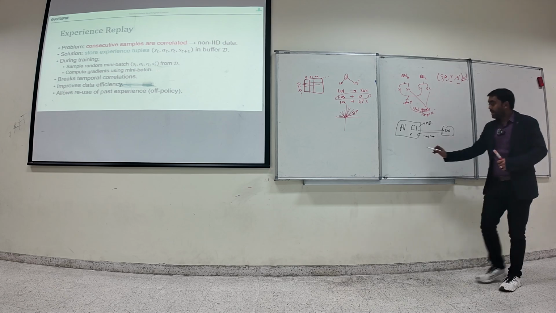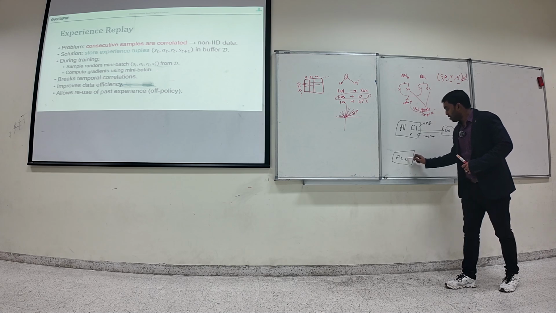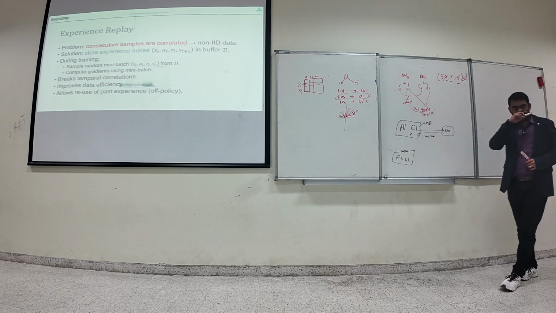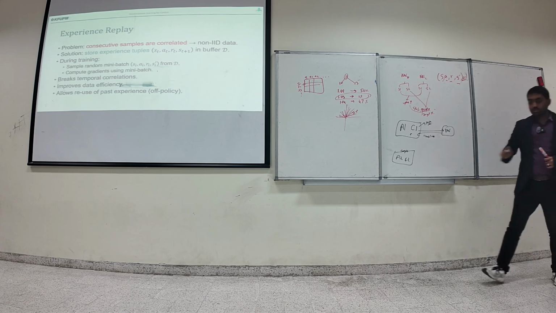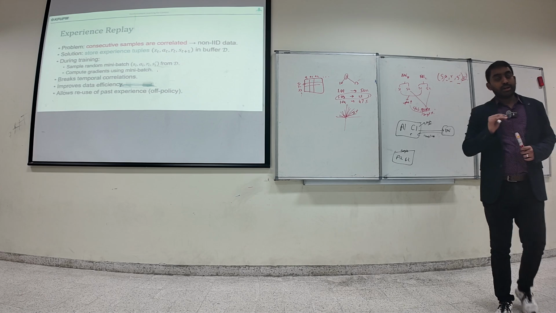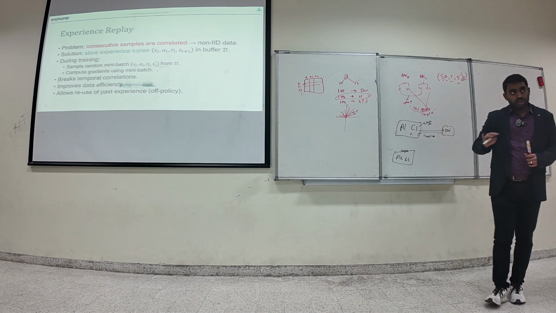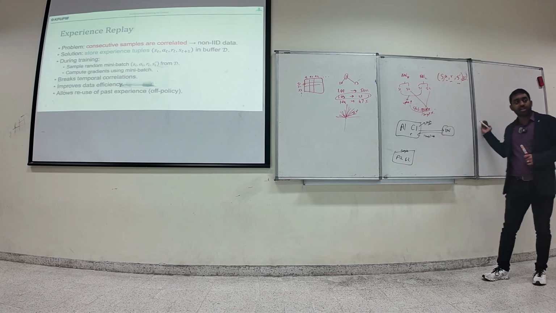Clear? And then you have another box with another set of neural networks. These are the target neural networks. By target, I don't mean that they are trying to reach a target. They don't have anything to do with the goal that you have.